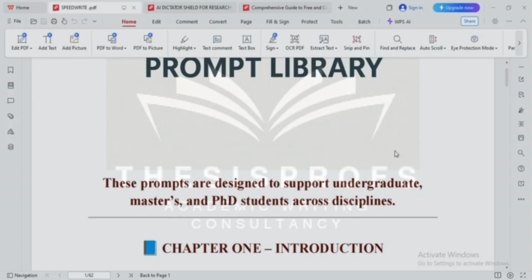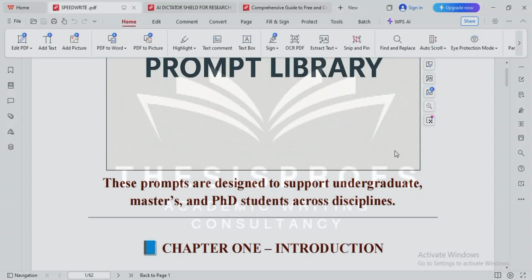It's a carefully crafted input that you give to these AI tools to guide it in generating useful, context-specific, and academically sound content. So the better your prompt, the better the quality of the output you receive. In essence, a good prompt is the bridge between your ideas and a well-organized academic text.